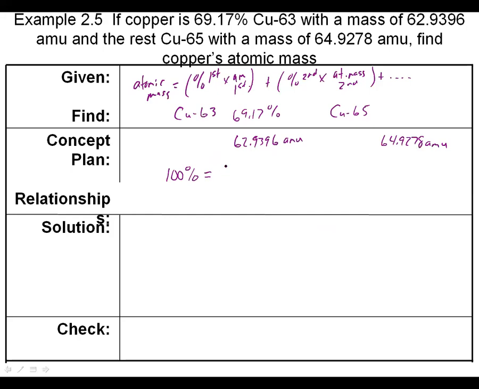So since we know that copper 63 is 69.17%, we basically could find the percentage of copper 65, if you want, you can call it X, by solving for X. What that means is we need to subtract from 100.